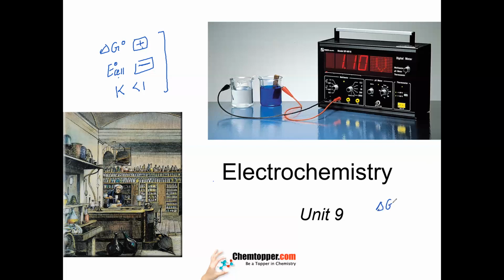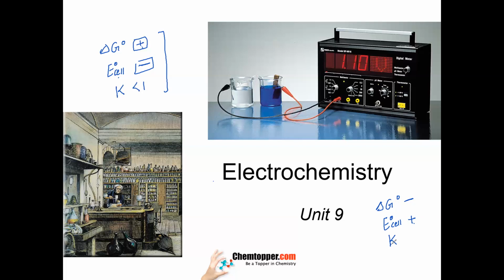Now another type of question. If delta G naught is negative, E naught cell is? Try to answer this question. Yes, plus. And K will be greater than 1 or less than 1?